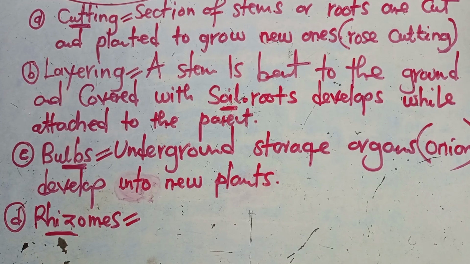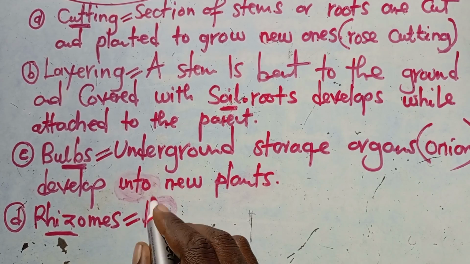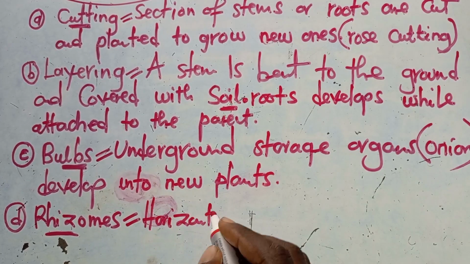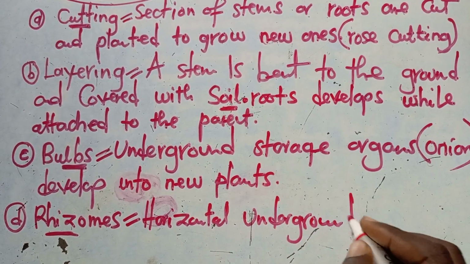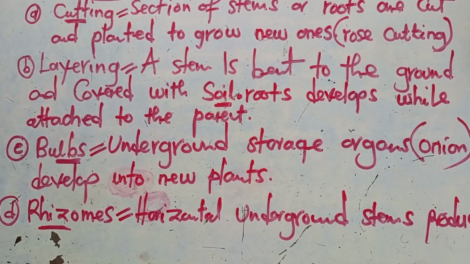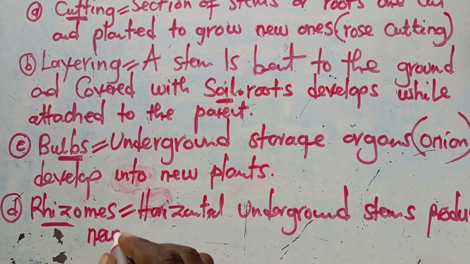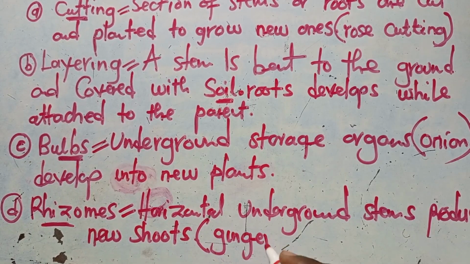So say horizontal underground stems produce new shoots. Ginger is one of those that fall under rhizomes.